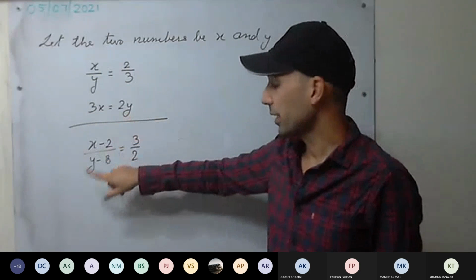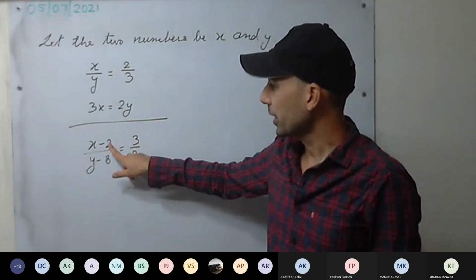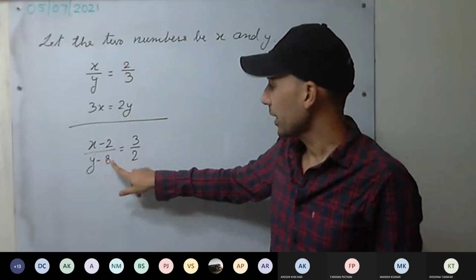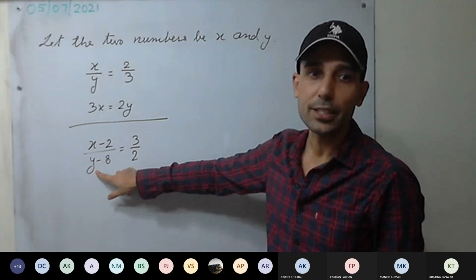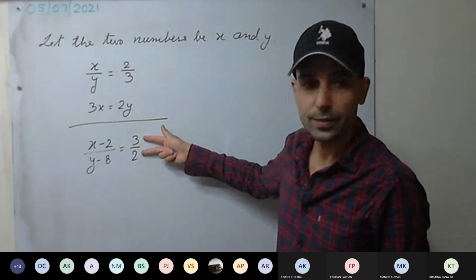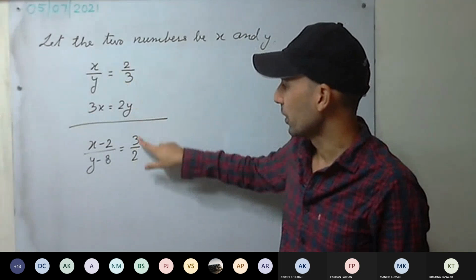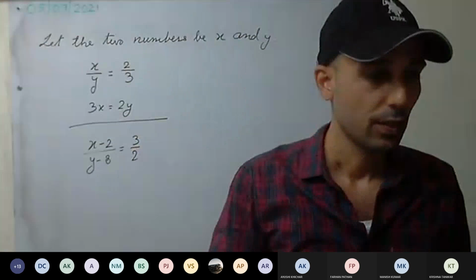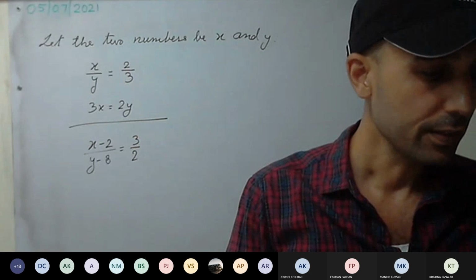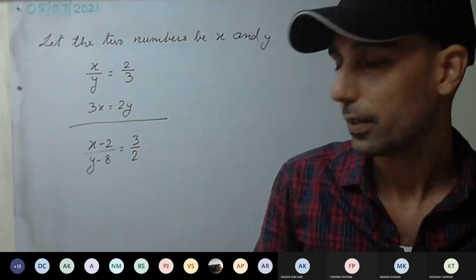Now, the second statement: if we subtract 2 from the first and 8 from the second, the ratio becomes the reciprocal of the first ratio, so it will be 3/2. Solve it, everyone. What equation are you getting?